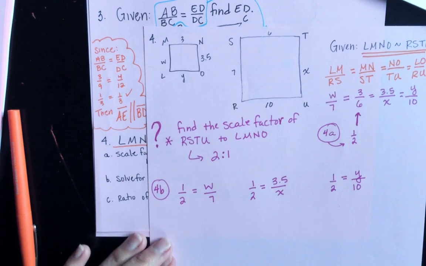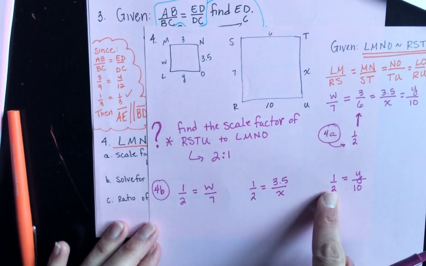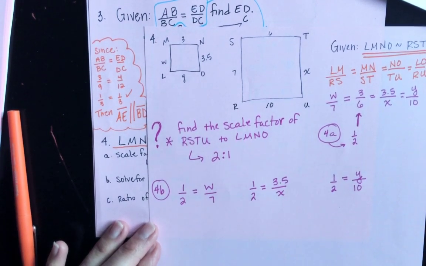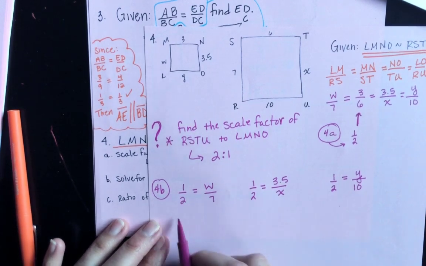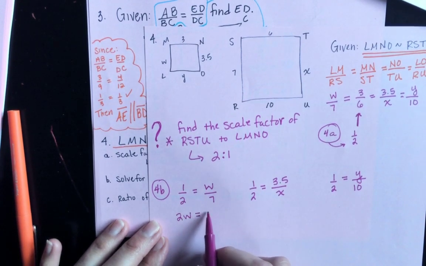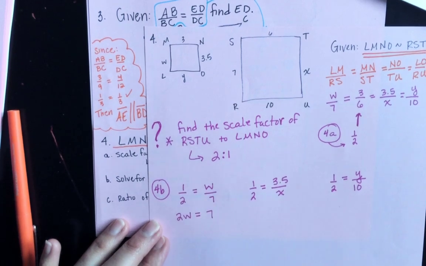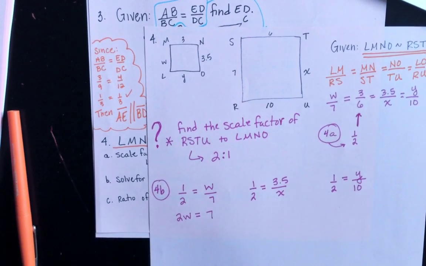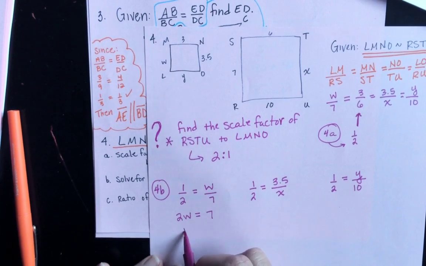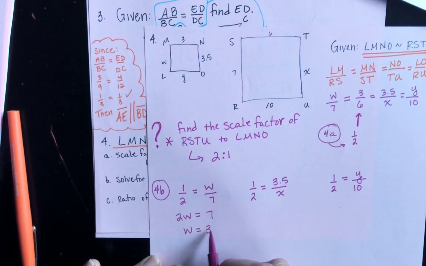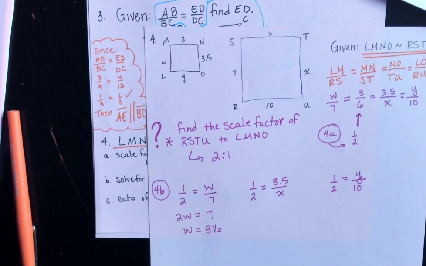So I can go through and use my scale factor to set up each of these proportions to cross multiply and solve. So 2 times W will equal 1 times 7. And we find out when we divide, W is 3.5.